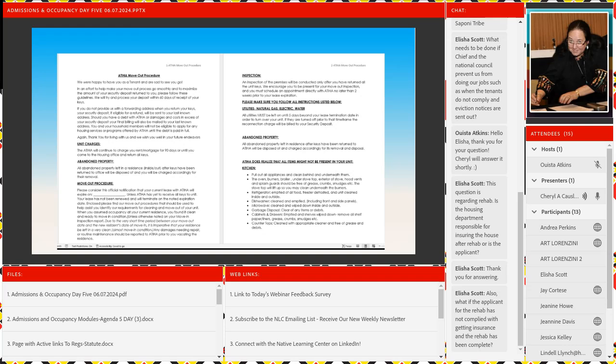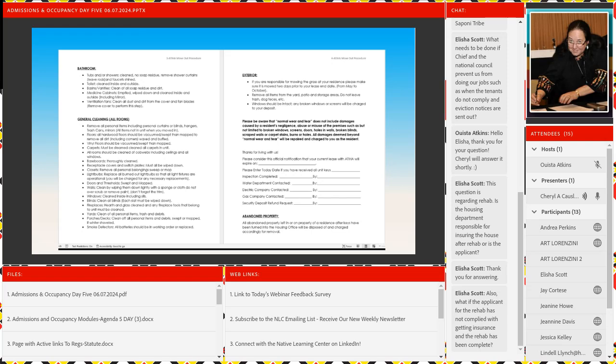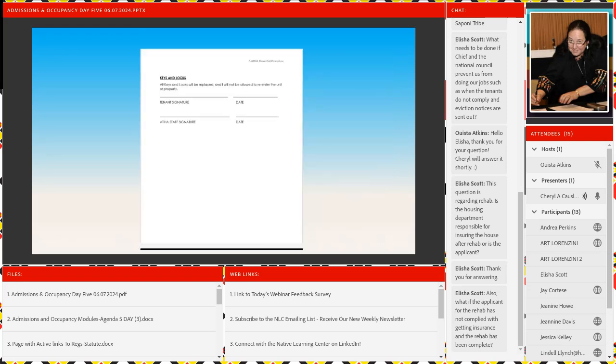And it gives them a walkthrough of their unit, their bathroom, and their cleaning. Then it covers contacting certain utilities, and again your exterior and all of that, keys and locks.